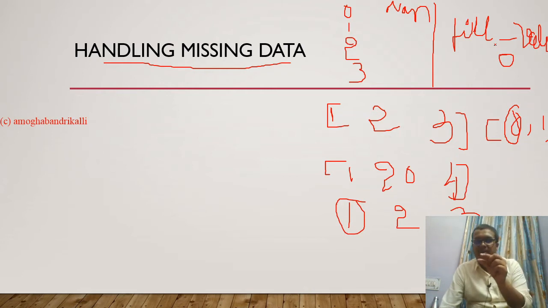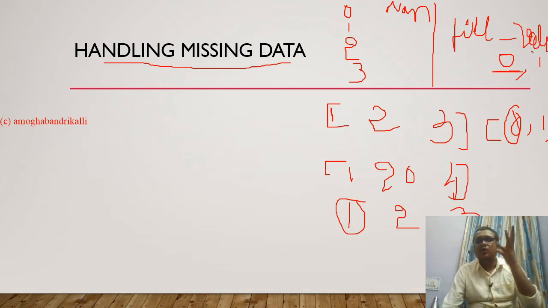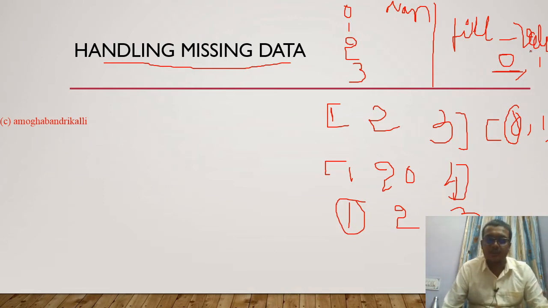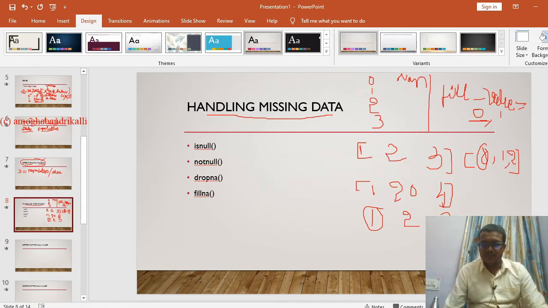So that respective index will have some number, 0 will be added to it, and you are going to get a newer value. If the fill value is 1, then the value at that index will be increased by plus 1. If you are getting confused, let me show it here.